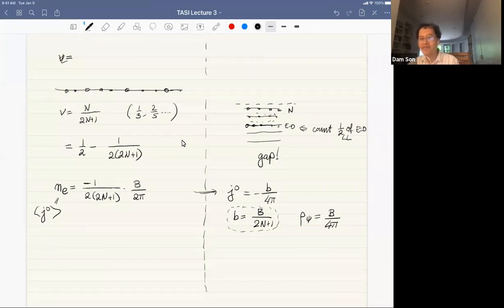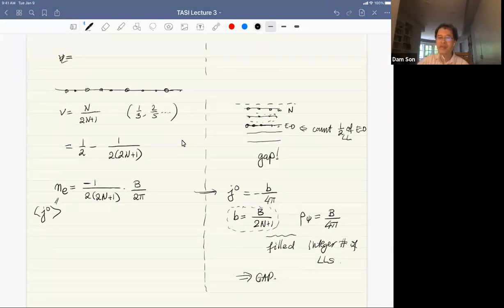You start from a half-filled level here, which is supposed to have 0 density of this psi particle, and then fill up, and one can see that this state corresponds to filling an integer number of Landau levels, and that explains the appearance of a gap. So everything works out nicely, at least at the qualitative level.